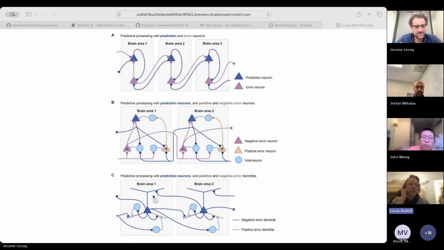Then we can see whether, with Stefan's proposal, we manage to visually indicate that there are different options, or we do it in the text, or we add another figure where we compare these local microcircuit implementations with different wirings for the error neurons.